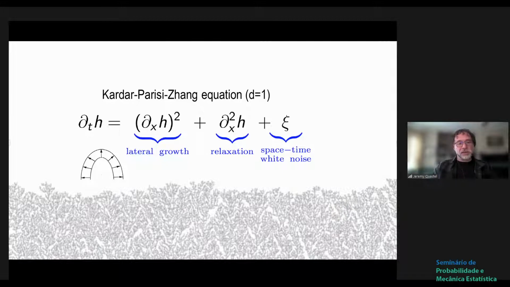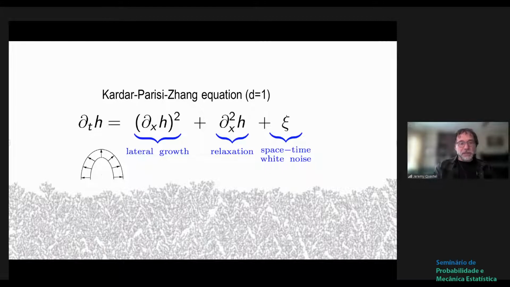So this is supposed to be the height function of the ballistic aggregate, supposed to evolve according to this stochastic partial differential equation, which is basically, in some sense, a heat equation. So here's ∂_t h = ∂_x² h. That's the heat equation. Plus a forcing by space-time white noise. And that's very natural to model the independent Poisson processes raining down on the ballistic aggregate. So that's what's forcing the thing.